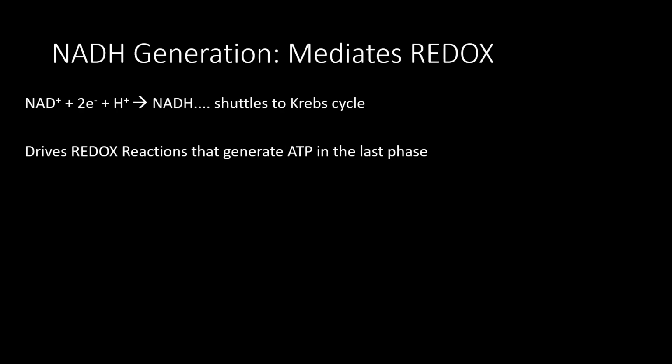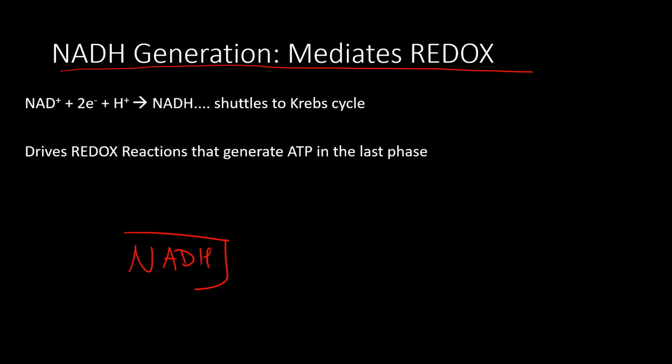Now this slide, I have to adjust. This is a little confusing the way it's written. It says here that NADH mediates redox. What we really mean is the NADH molecule physically shuttles that energy to then deposit it somewhere else to use it. Now, this is why this is confusing.